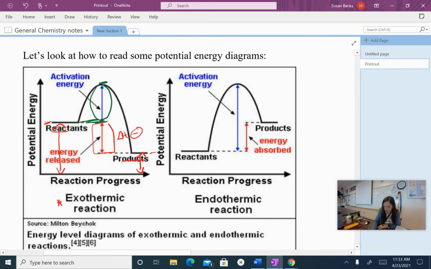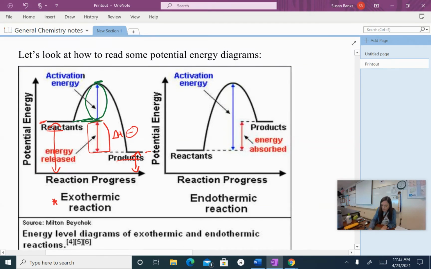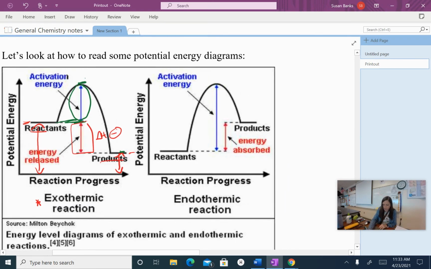This is our activation energy. Now, if I wanted to read this diagram backwards, our activation energy would be from where our products are all the way up. So our activation energy of the reverse reaction would be so much bigger.